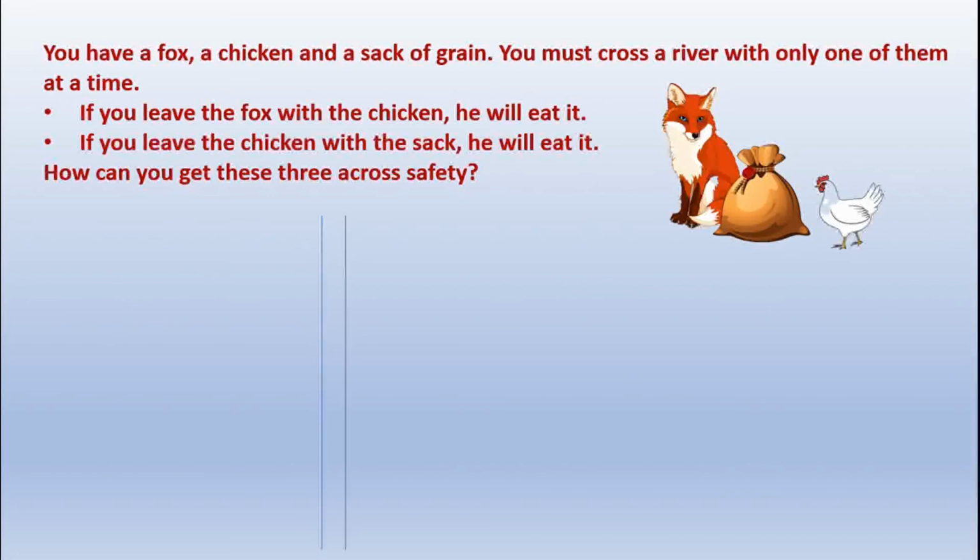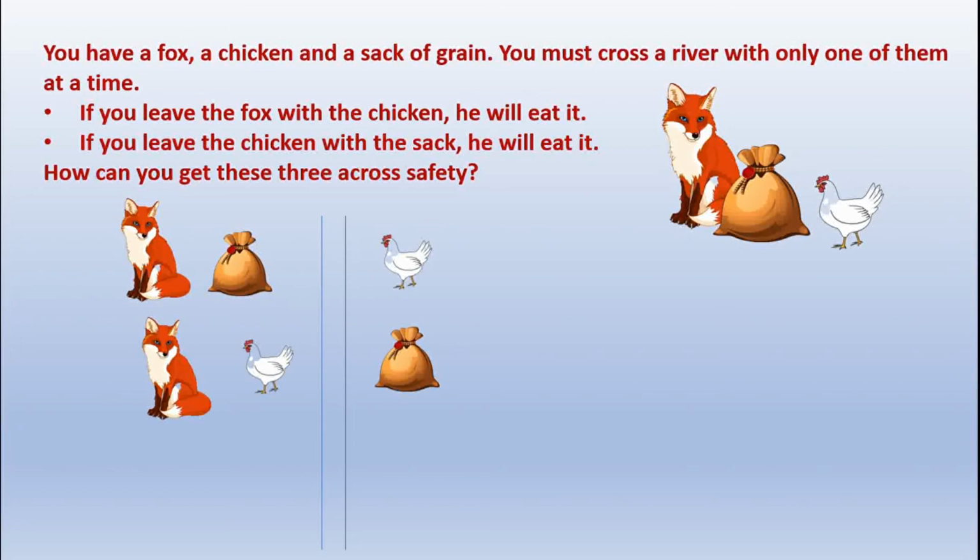So, you should take the chicken over first. Then, go back and bring the grain next. But keeping the grain on that side, and instead of leaving the chicken with the sack, come back with the chicken. Then leave the chicken on the first side and take the fox with you.